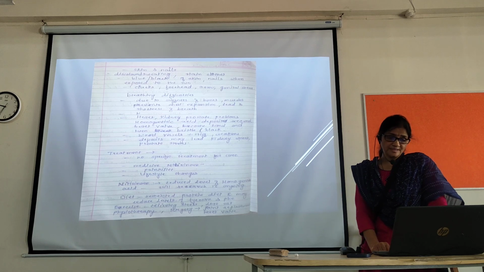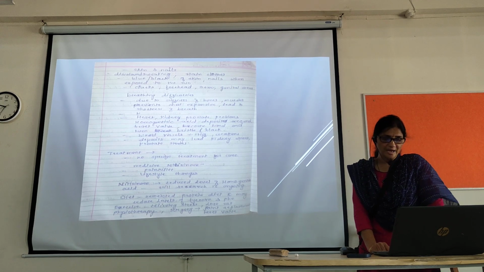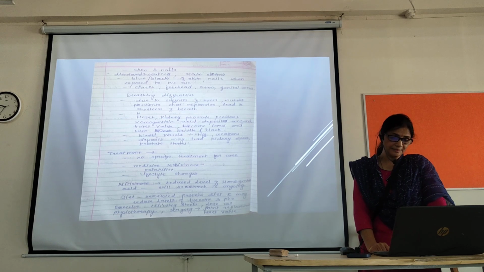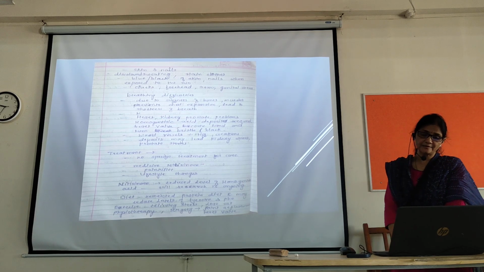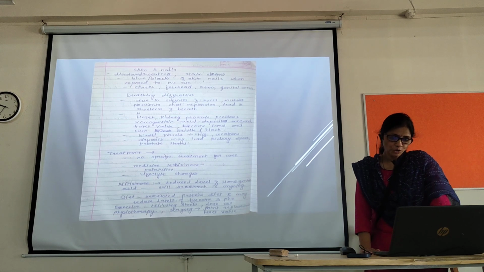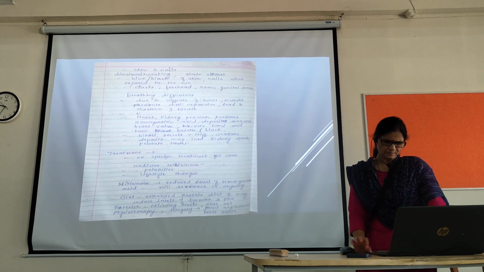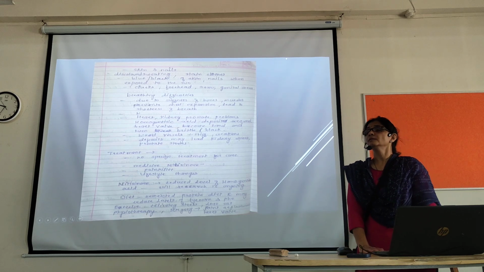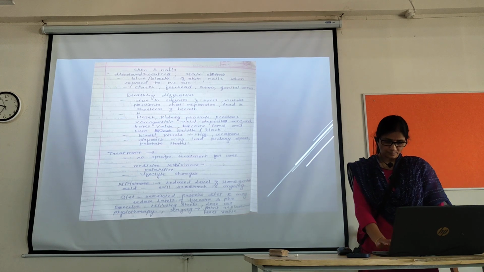But diet is there, that is a restricted protein diet, which may reduce the level of tyrosine and phenylalanine. Then exercise must be there, relieving stress, losing weight, then physiotherapy, then surgery in a severe case. Okay.